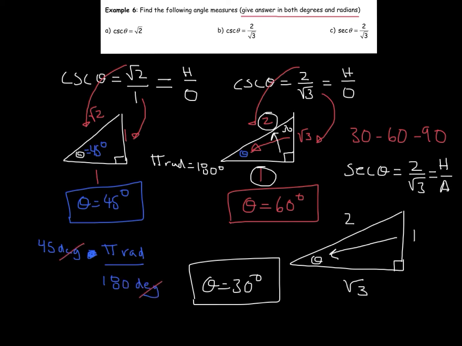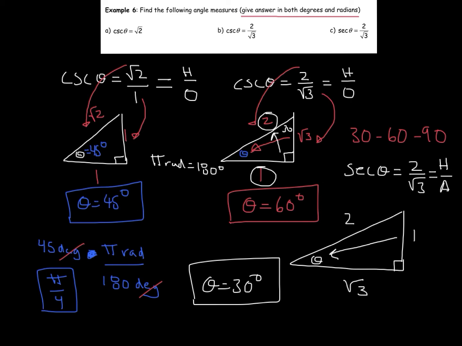Degrees cancel, and you end up getting 45 pi over 180. When you reduce that fraction, 45 over 180, you get 1/4. So this is going to be pi over 4, and you'll start to memorize these after a while. All right, let's go ahead and do 60 and 30. Why don't you stop the video and do 60 and 30.